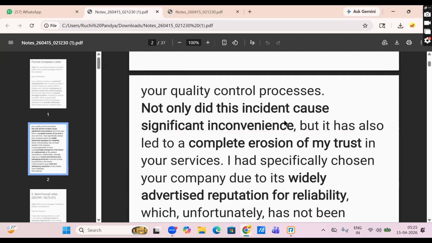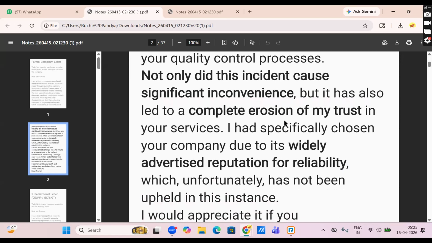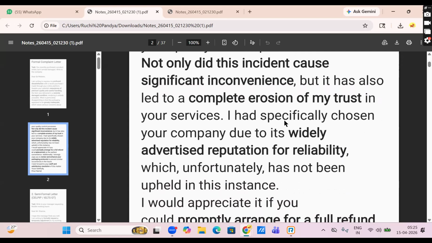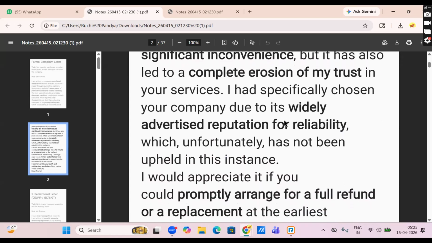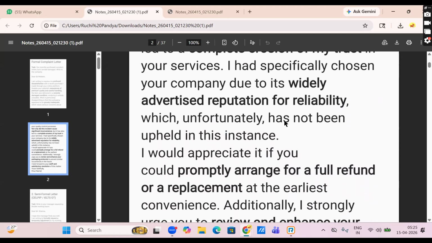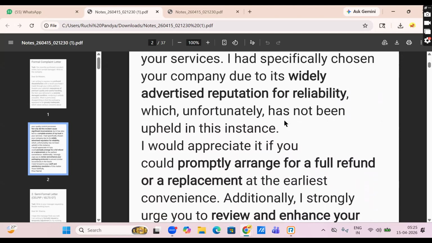Not only did this incident cause significant inconveniences, but it has also led to a complete erosion of my trust in your services. I had specifically chosen your company due to its, chosen, widely advertised, chosen. I had specifically chosen your company due to its widely advertised reputation for reliability, which unfortunately has not been upheld in this instance.